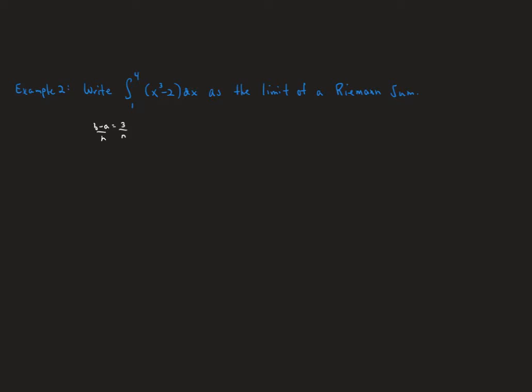We can now say that our function is x cubed minus 2, so we can do our summation, with k going from 1 to n, and we want that to be our f of 1 plus our b minus a over n times k, there's our counter, times 3 over n.